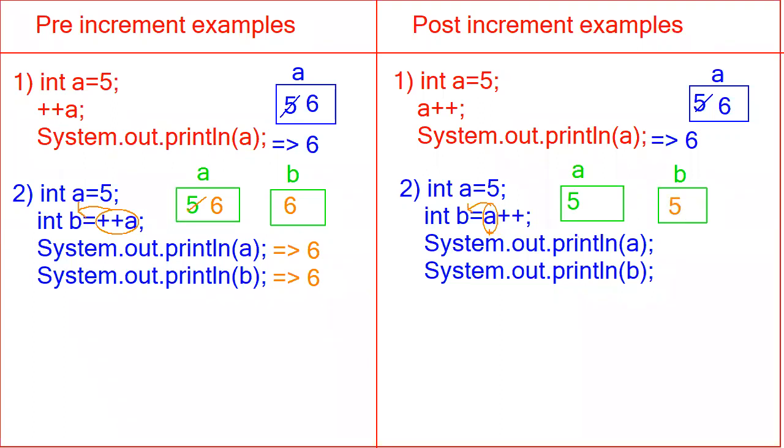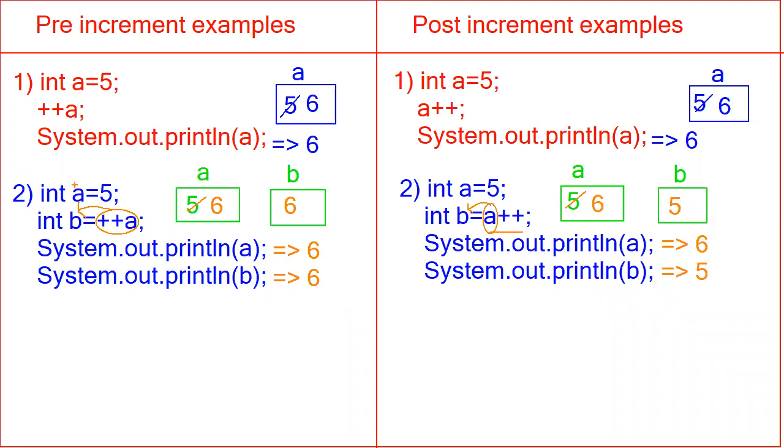After that it is incremented, because post-increment, the incrementation part is postponed later. So now it will become 6. System dot out dot println a, what is there? 6. System dot out dot println b, what is there? 5.